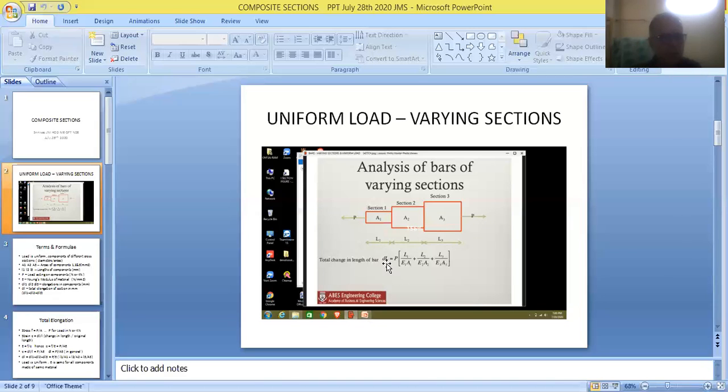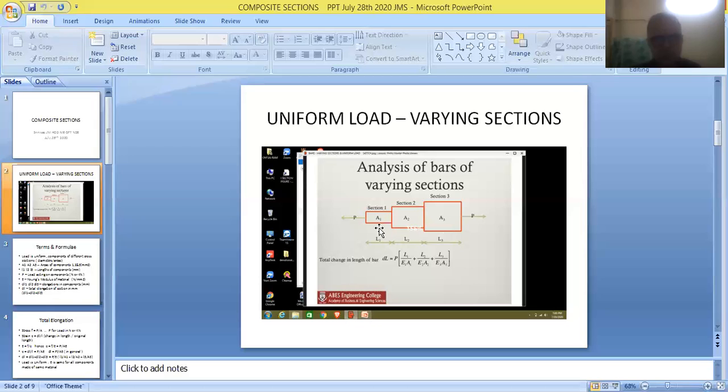But different components are having different areas. Area of the first component is very small. It is called A1. Area of the second component is medium. It is called A2. Area of the third component is very large. It's called A3.